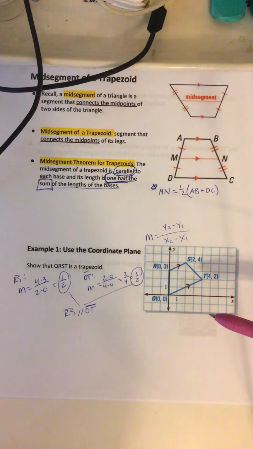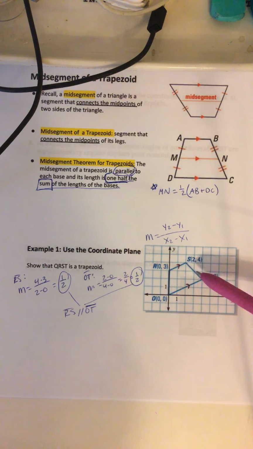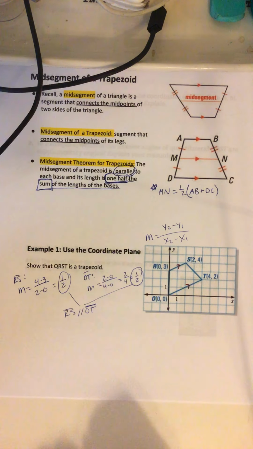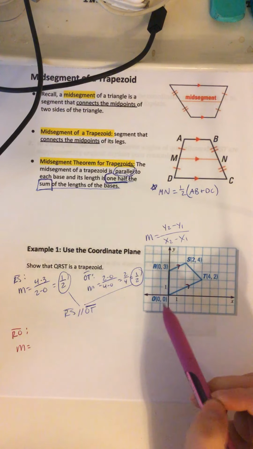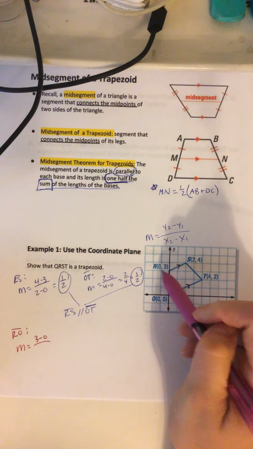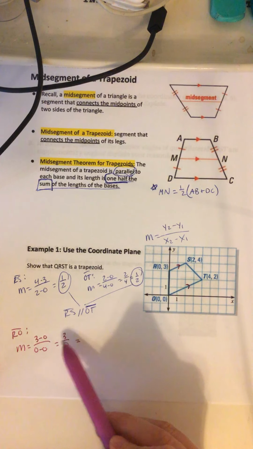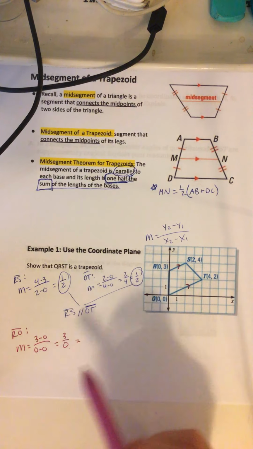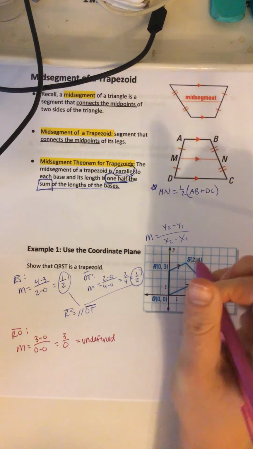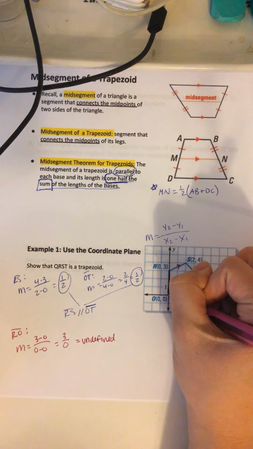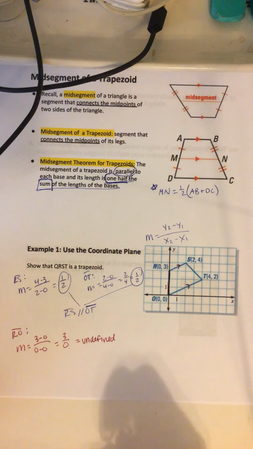So then to show, excuse me, that it's just a trapezoid, I have to show that these other 2 legs are not parallel. So let's just keep finding the slope. Slope of RO, I can do 3 minus 0 over 0 minus 0 to get 3 over 0. And in math, we hate this, dividing by 0. We can't do it. It's undefined, which tells us our slope is undefined, which hopefully we saw just by looking at the picture because it's a vertical line, which we know back from, I think, chapter 3, vertical lines have an undefined slope.